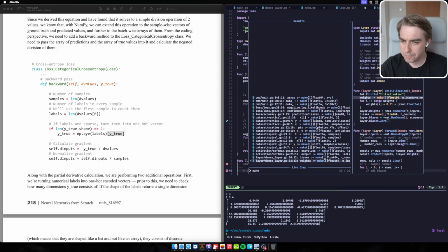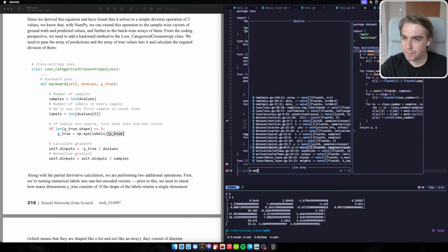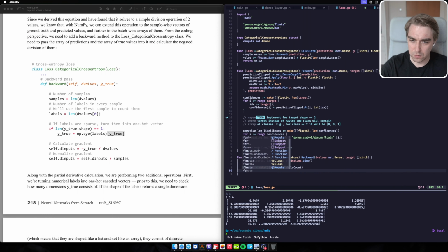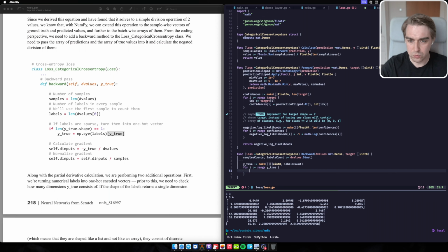Make by labels count, and then for range true.